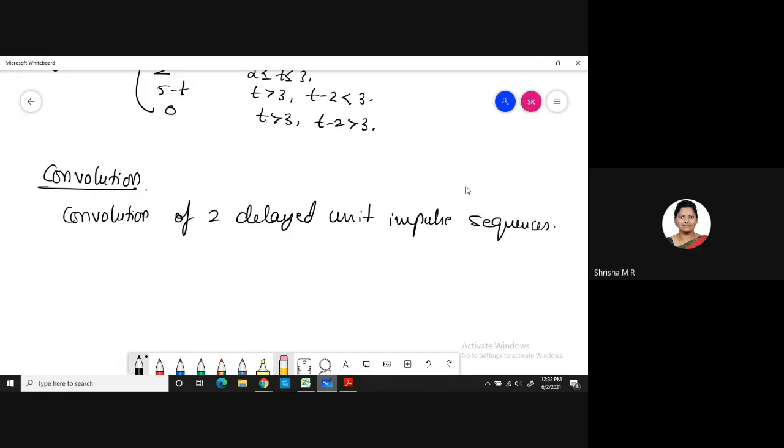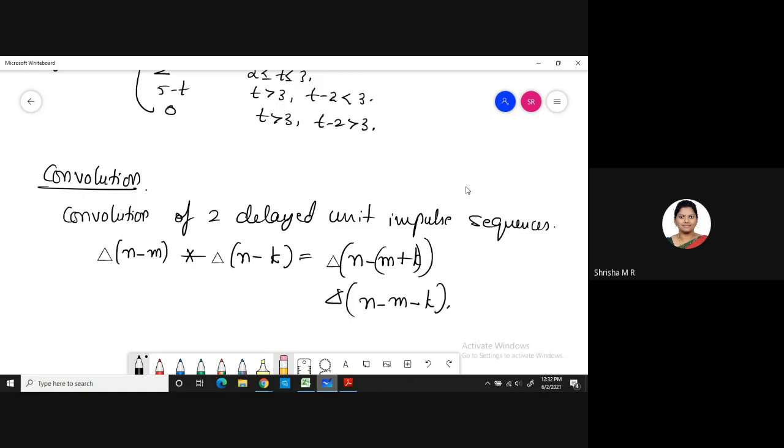If you have two delayed unit impulse sequences, that is delta of n minus m convolved with delta of n minus k, the convolution of these two would result in delta of n minus m plus k, which is nothing but delta of n minus m minus k. Got it? If you convolve these two, you'll get a delayed function. These delays will be added together.